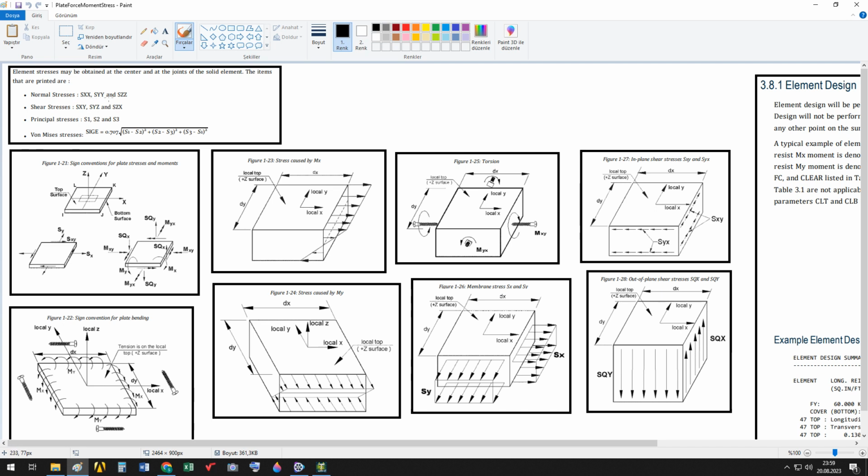These are normal stresses: SXX, SYY, SZZ. We can also look here to see them.